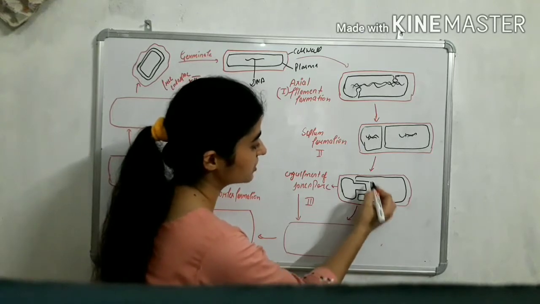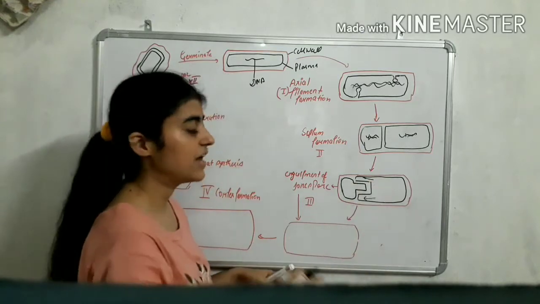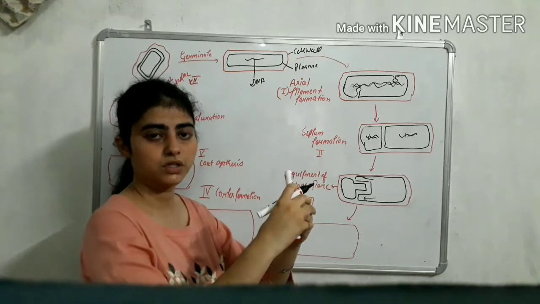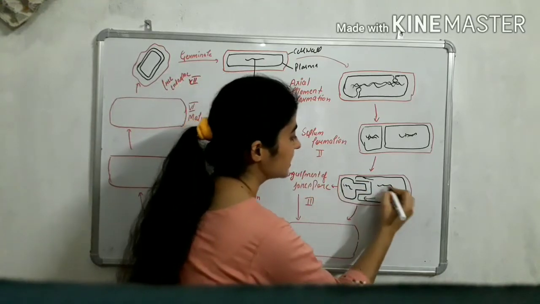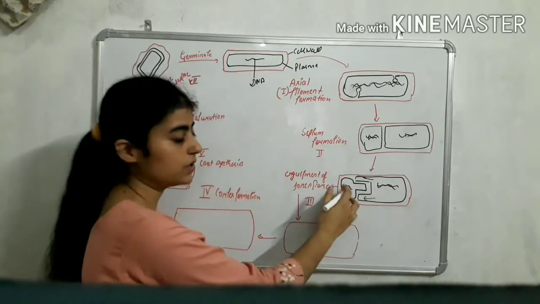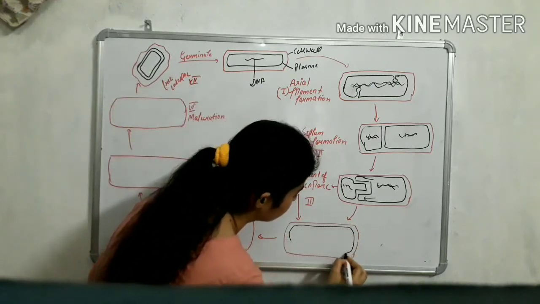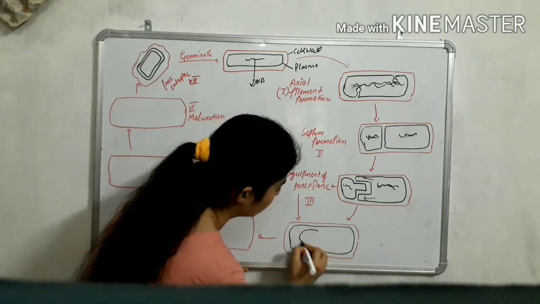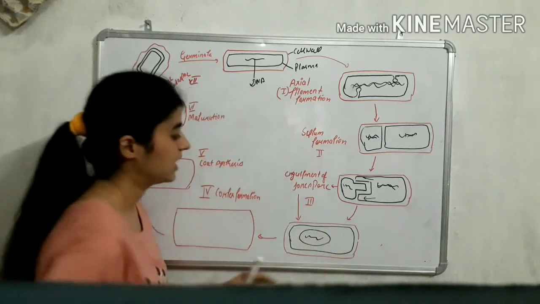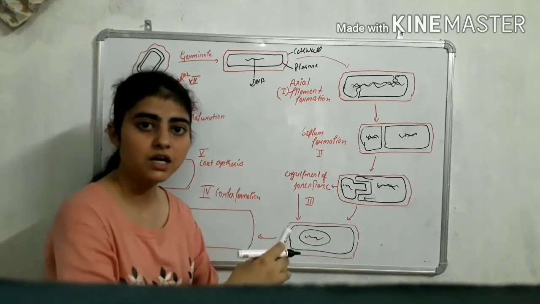You can see the elongations here. It will elongate itself and engulf the forespore. In this way it will engulf the forespore.